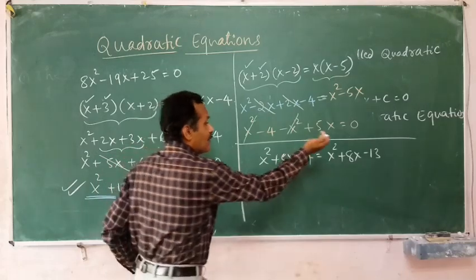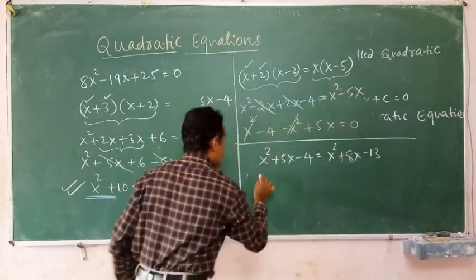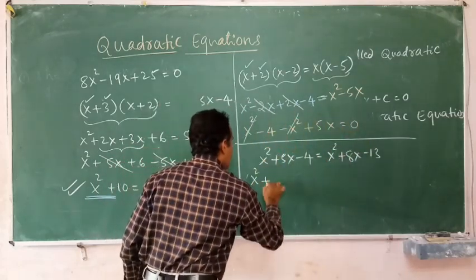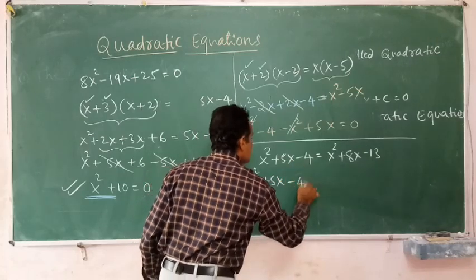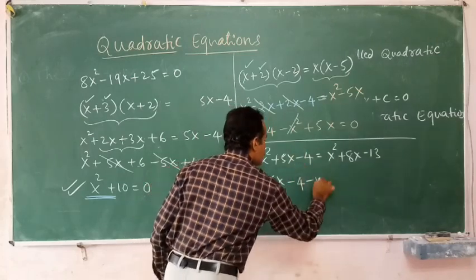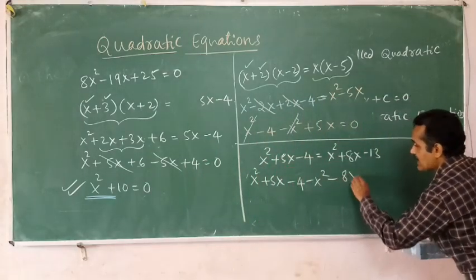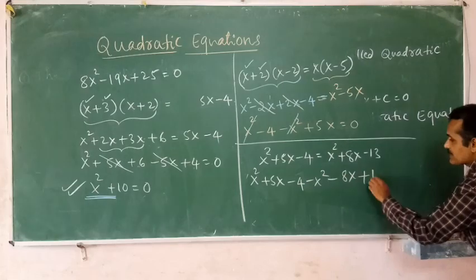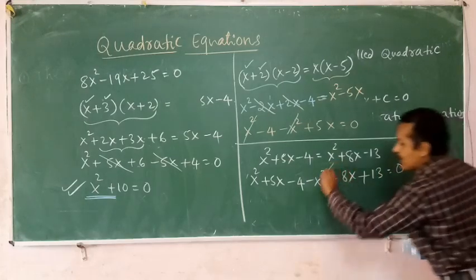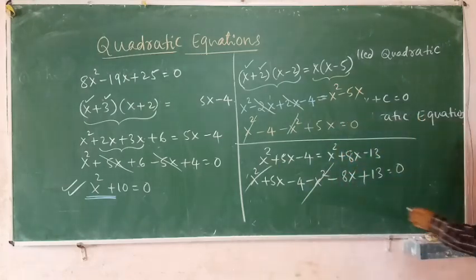I will show you. I will bring all the terms to the one side. What happens? X square plus 5x minus 4. Bring it to the LHS minus x square. Take it to the LHS minus 8x. Take it to the LHS plus 13 is equals to 0. X square is cancelled. What is left out?